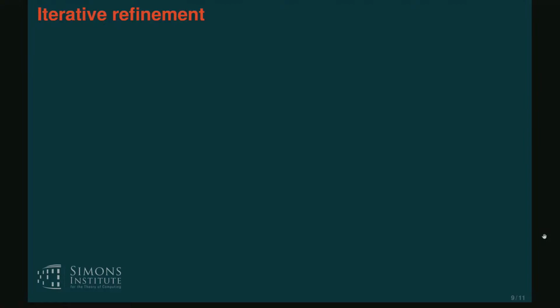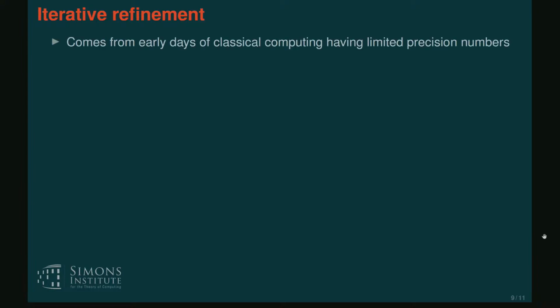That's another ingredient in our algorithm, in this tomography, which is iterative refinement. And this is a very cool idea, which comes from the early days of classical computing, like the 60s, that had limited precision. So you only had some finite, few-digit numbers that you had to work with, and still wanted to solve very large equation systems. So how can you do that?